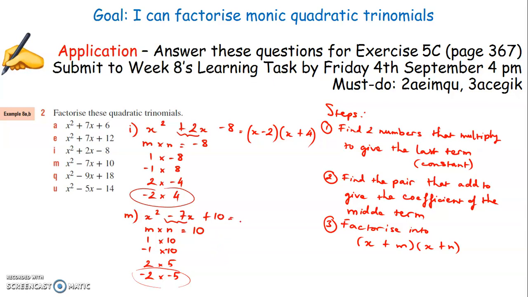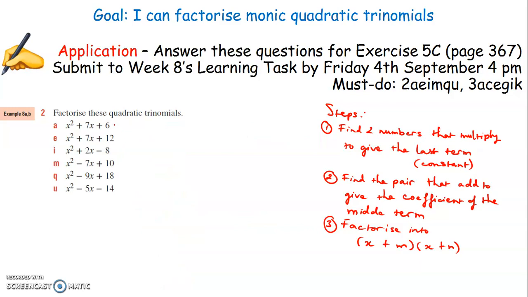So our answer is going to be x minus 2 times x minus 5. Next we have q. We have x squared minus 9x plus 18.